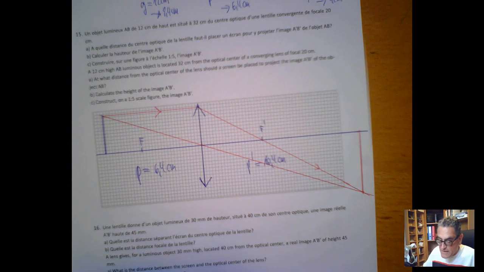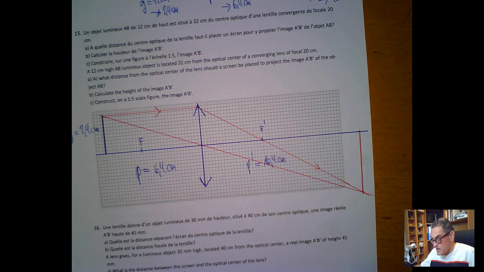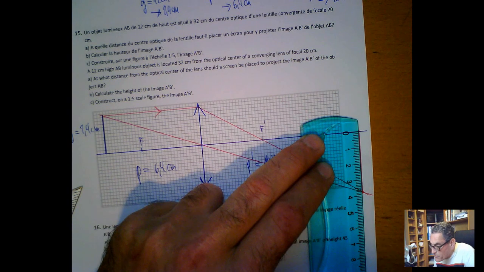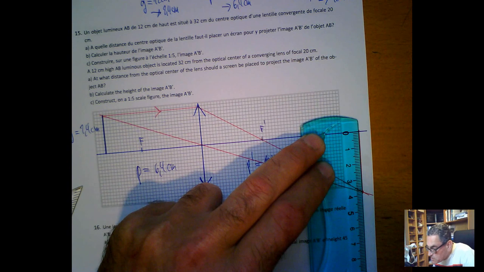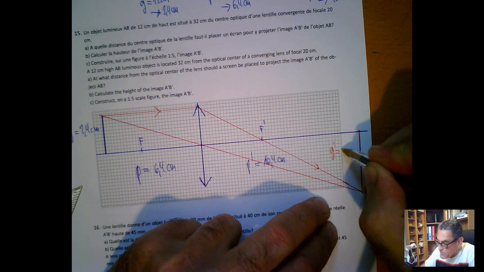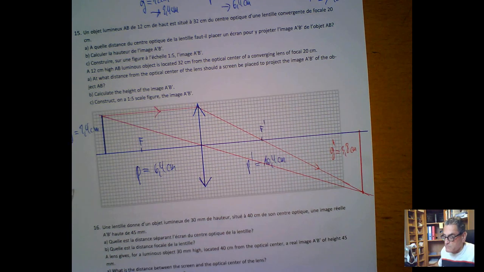The height of the object was 2.4 centimeters, and the height of the image, we can measure it now, it's 3.8. So here G prime is 3.8 centimeters.